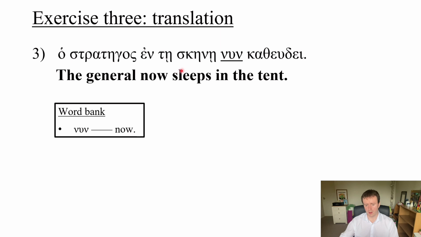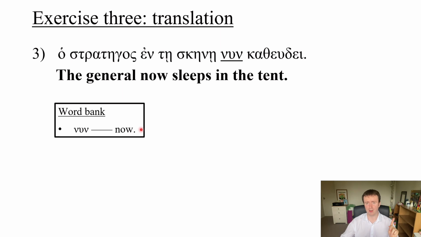We know that it's just one hut or stage or tent from the form of the definite article, which is the feminine dative singular form, and also from the ending -ēi, which for 1a nouns, which skēnē is one of, is the dative singular ending. Next we've got the adverb nun, which means now. We had to get that from the word bank.